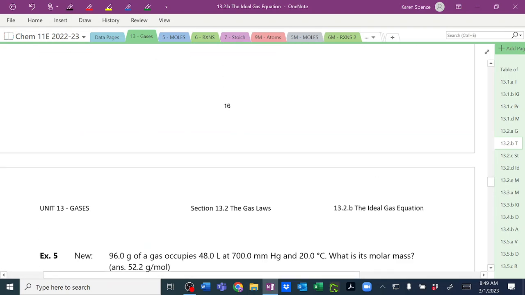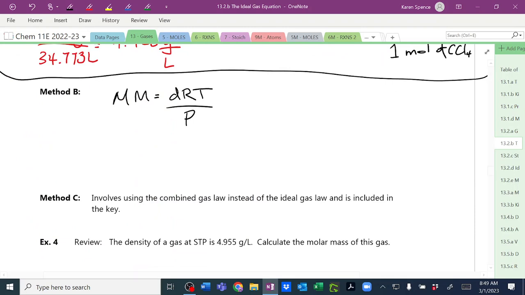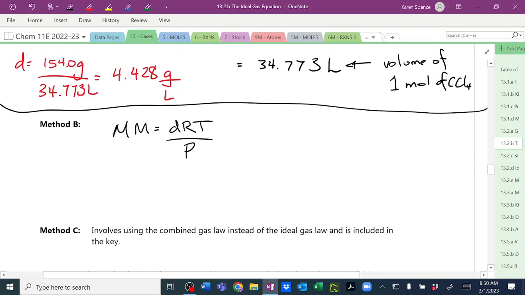So let's go back to page 16. And we want density in this case, so we have to solve this formula for density. So density is equal to molar mass times pressure over R times T. Okay, just a second.